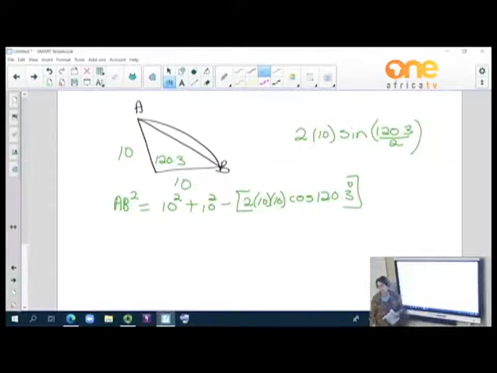This is the formula that we will be using. And then remember to write AB, it's not AB squared anymore. And it is then 17.3. So all the time we are busy with trigonometry as well.